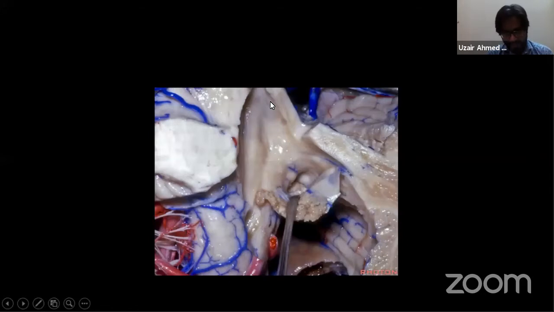This superolateral margin, or superior slope, is forming the superior part of the roof of the fourth ventricle, and this inferior slope, going down here, is forming the lower slope of the roof of the fourth ventricle. This is the middle cerebellar peduncle.